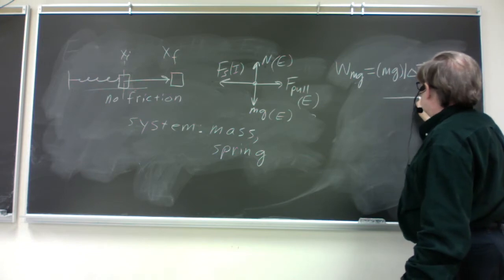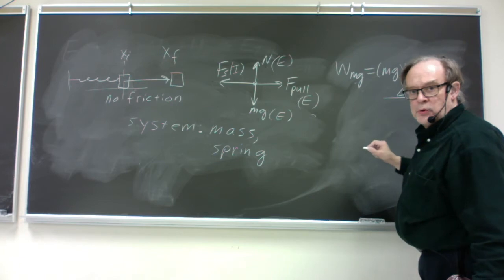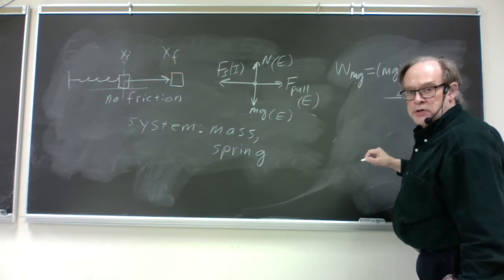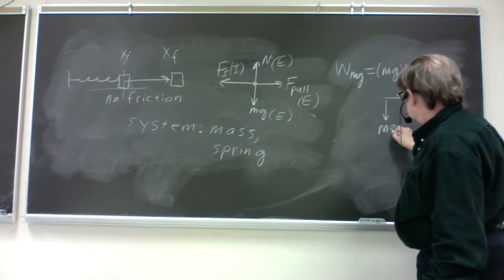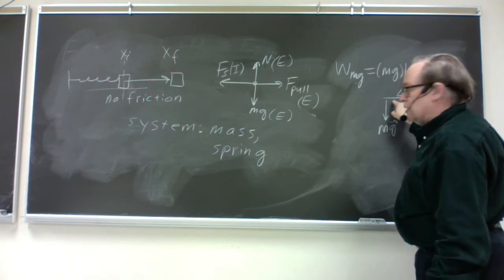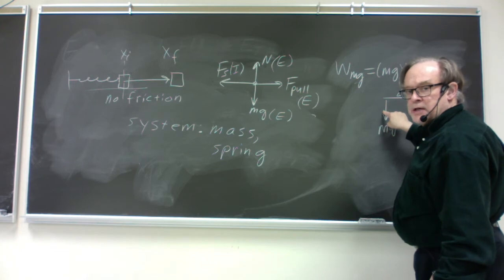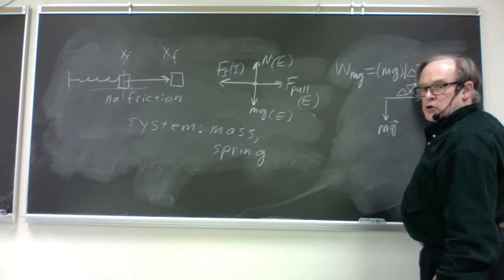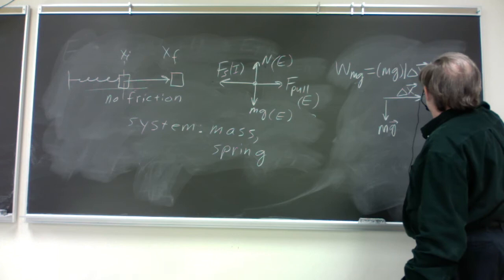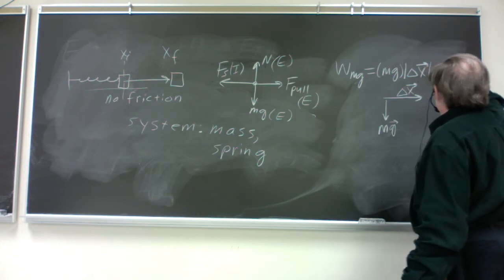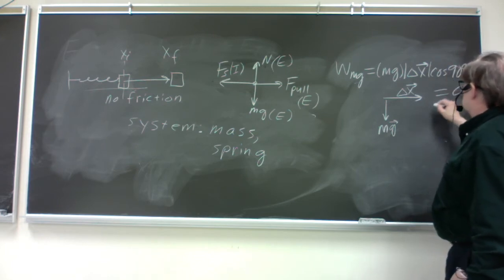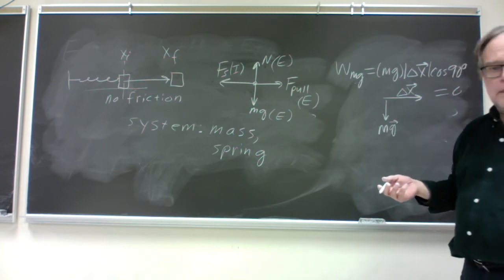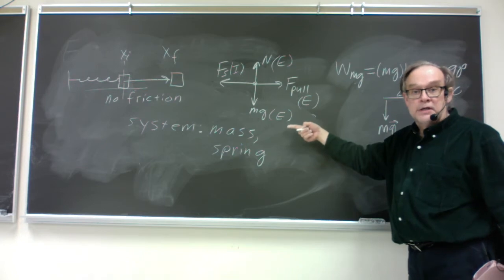But the displacement, remember, was horizontal to the right, and the weight force always points straight down. So the angle between displacement and force is 90 degrees. So this term here is cosine of 90 degrees. Cosine of 90 degrees turns out to be 0. So the work, this is an external force, but it does no work.